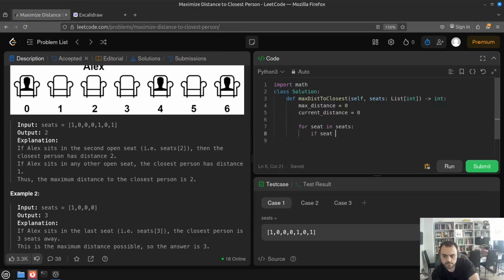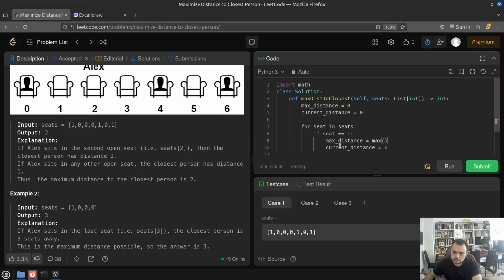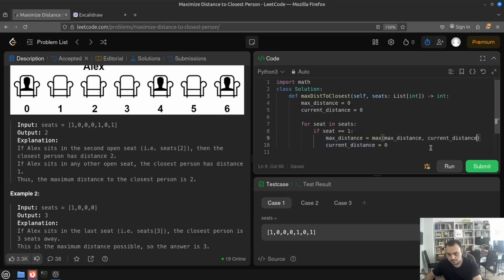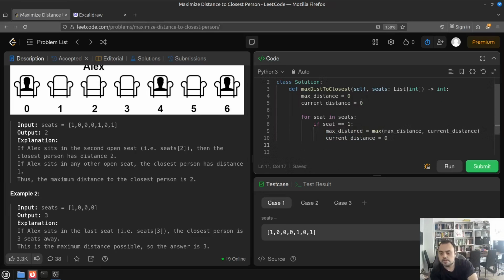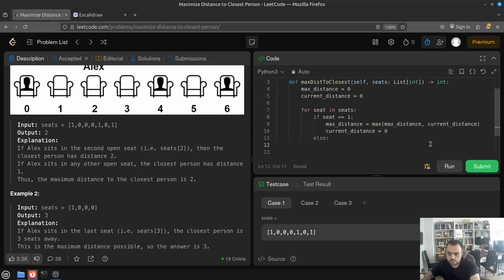And if seed is equal to 1, then current distance equals 0. We reset it, and we update max distance if the current distance till this person was bigger than what we found so far. And else we have 0, of course, so we can increment by 1.